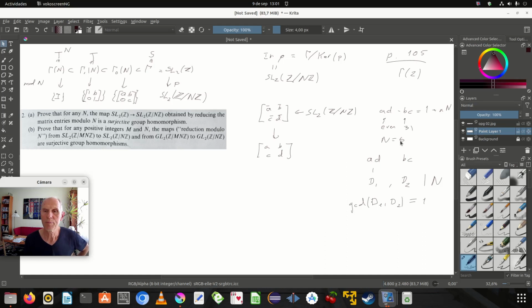And then I believed I would be able to tweak the coefficient. Say if A had no common divisor with n, then I would be able to tweak D with a multiple of n so that I could make this vanish.